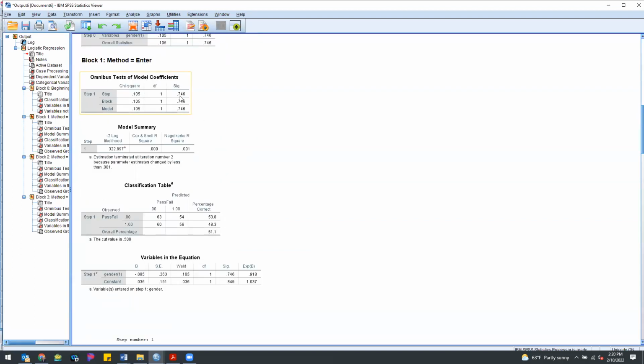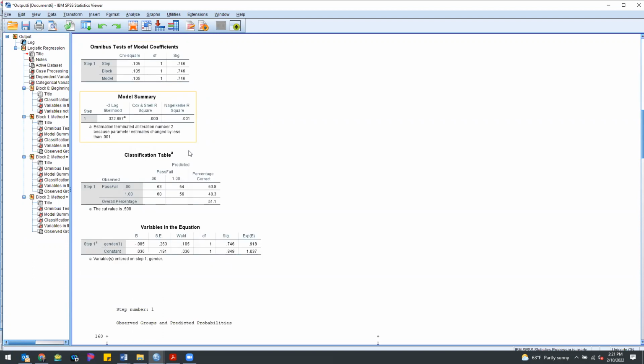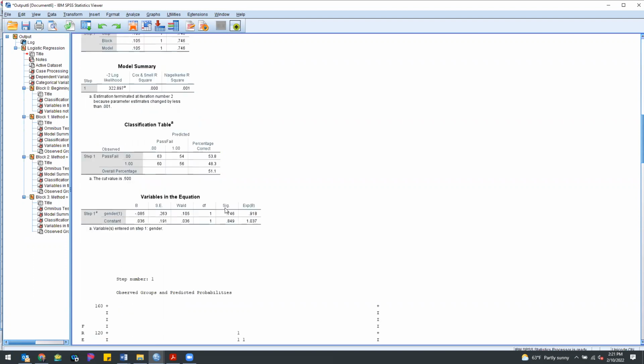Block 1 shows that our model is not statistically significant at this step. Remember, this is just including gender, right? And so, as you might expect, our pseudo R-square values are also very low. Our effect size means that we're not explaining hardly any variance here. And our overall percentage only went up by about 0.9 points. So very little change.